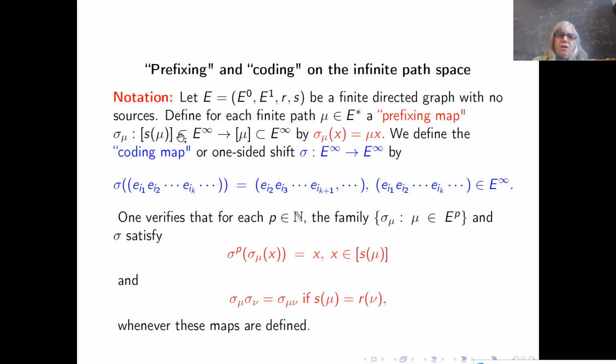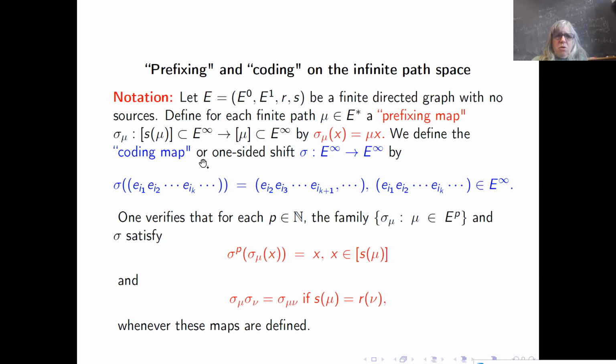Prefixing is defined on subsets of the infinite path space, where you are allowed to insert a finite path. So if you have a finite path mu in E infinity, and you look at the cylinder set corresponding to the source of mu, then for every x in that cylinder set, you could put on a mu in front of it. So you have this so-called prefixing map, sigma mu of x is mu times x.